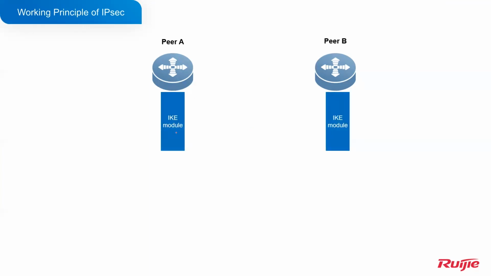First, we have to configure the IKE module. Of course, you can use manual configuration to replace the IKE. So here is the IKE module. And in the first step, they will exchange some IKE messages. Finally, if the parameters are ready, we can establish the IKE SA.